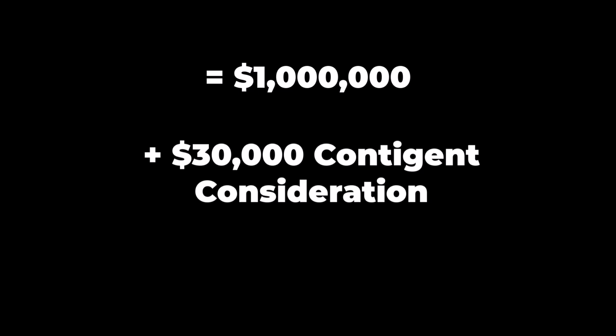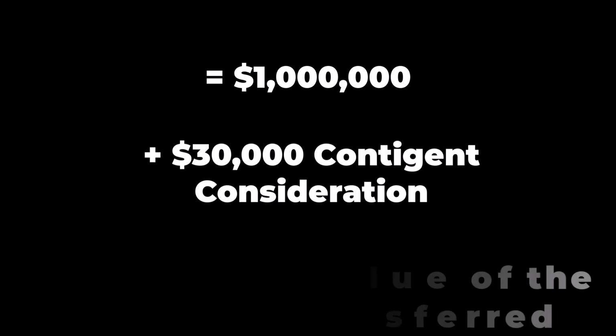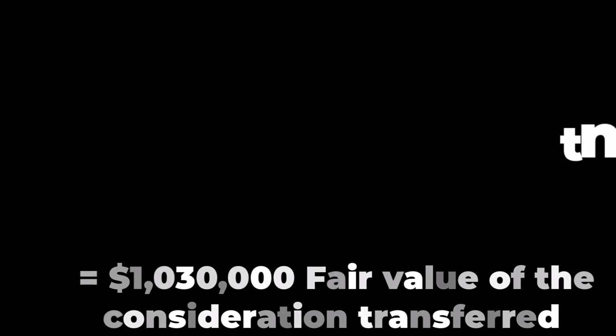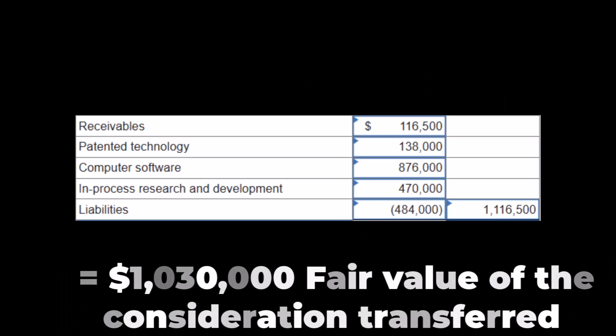This gives us a new, lower purchase price of $1,030,000. So, Patriot paid less. But notice, the fair value of the net assets they received is still $1,116,500. So what happens now?